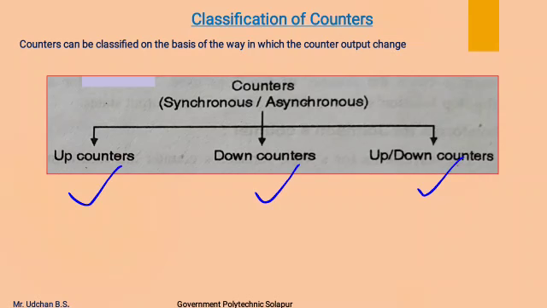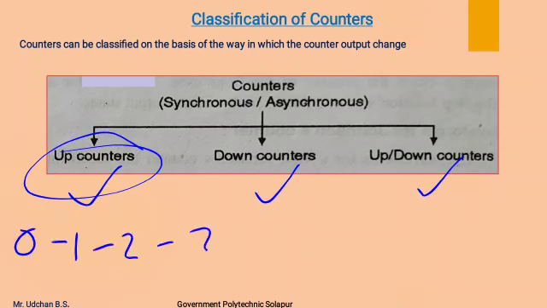The up counters are the counters that count from small to big count, meaning they count in increasing order as they receive the clock pulses. For example, the output of an up counter will be 0, 1, 2, 3, like this.